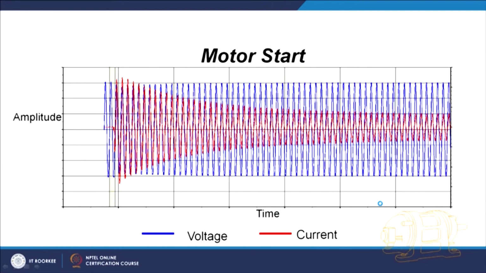And this is one example where the motor is starting: the blue one is voltage and the red one is current. You can see that it starts at this point, has a transient reactance, and for this, high current flows and gradually it settles down. This is a motor start, so you will have this transient here.